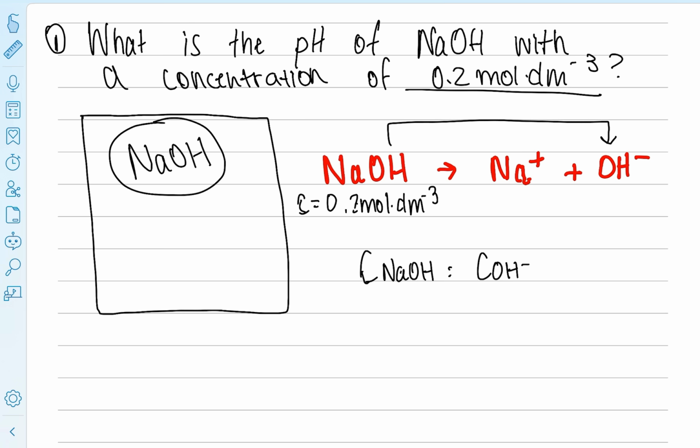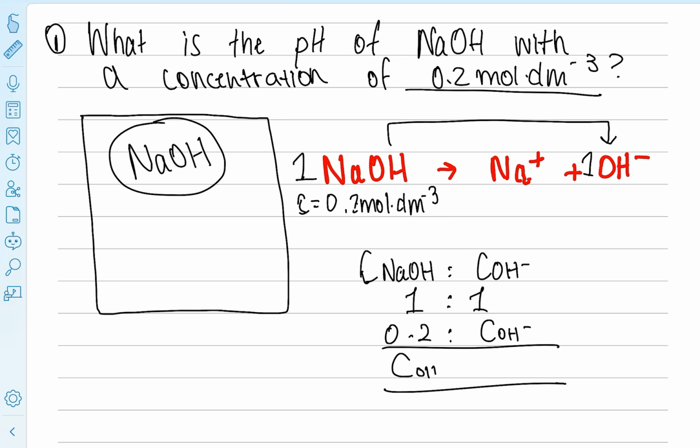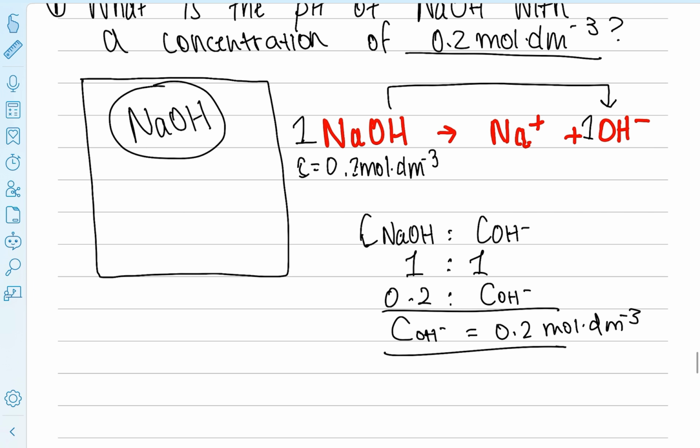So when you do a ratio of 1:1, what you're actually finding in this case is your concentration of hydroxide ions. So once you find your concentration of hydroxide ions, which is 0.2 moles per cubic decimeters, you do not take that value and then put it into this formula, because remember, that formula only wants the concentration of hydrogen ions.